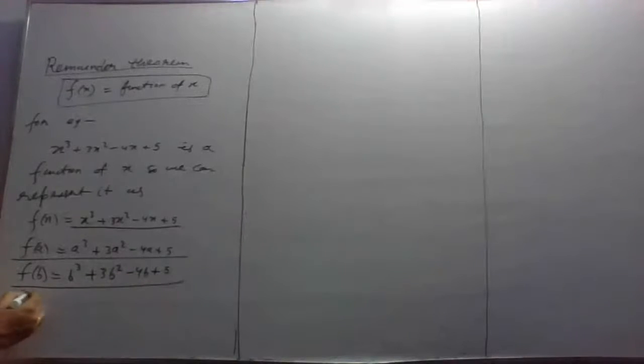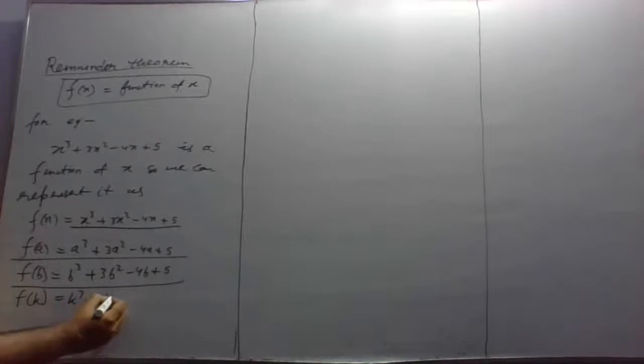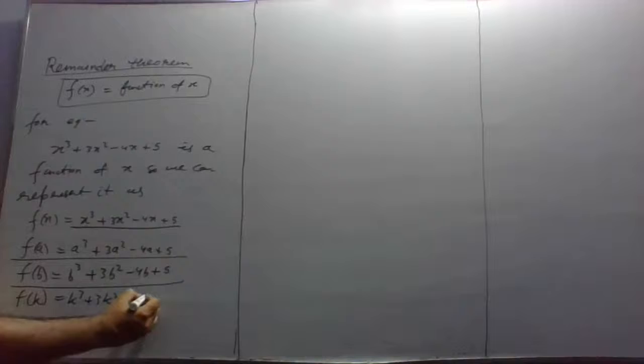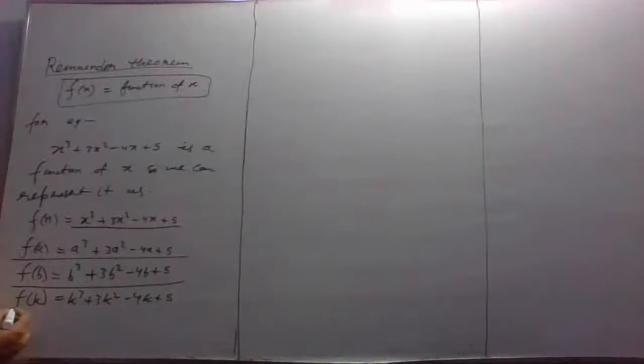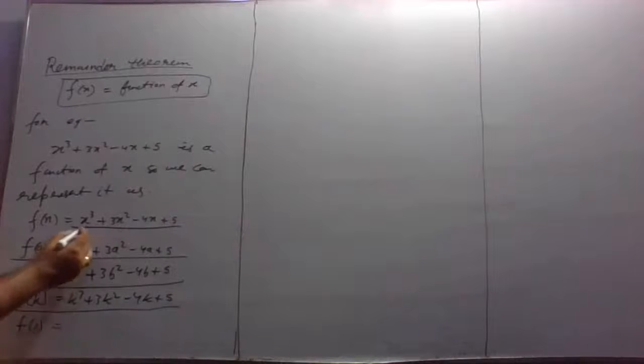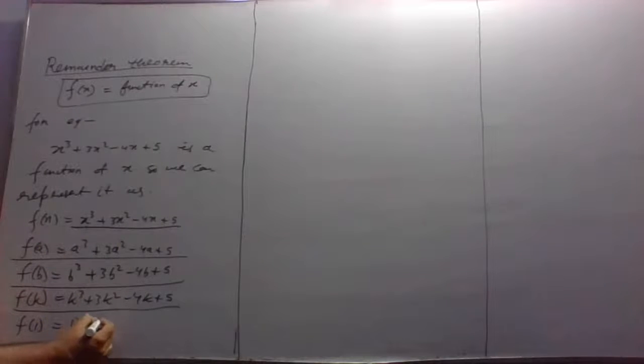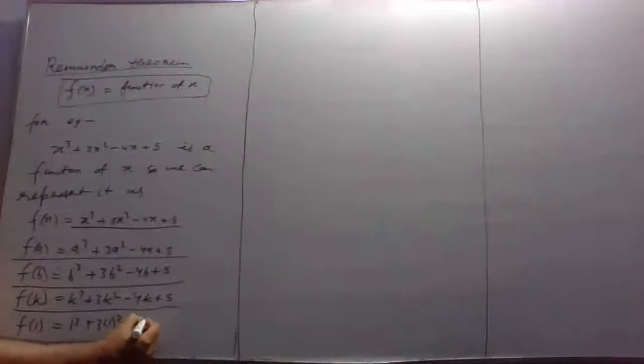If we write k in place of x, it becomes k cube plus 3k square minus 4k plus 5. If we write 1 in place of x, we write it 1 cube plus 3 into 1 square minus 4 into 1 plus 5.